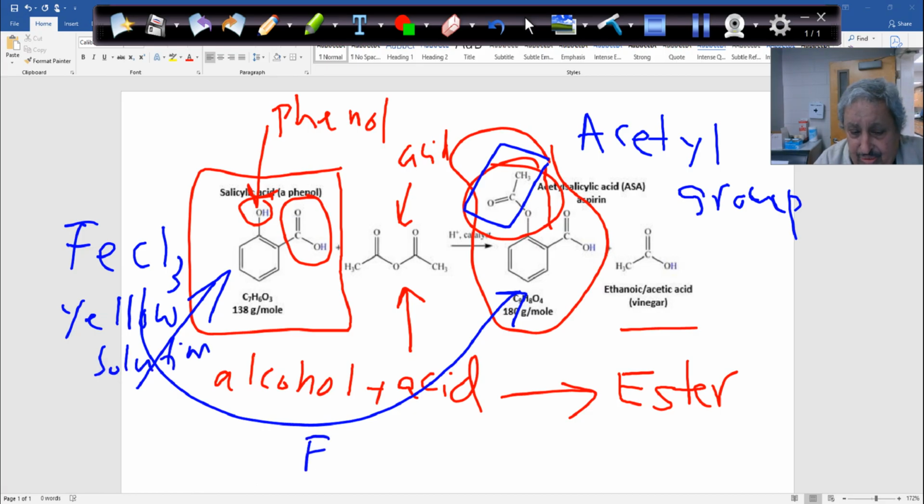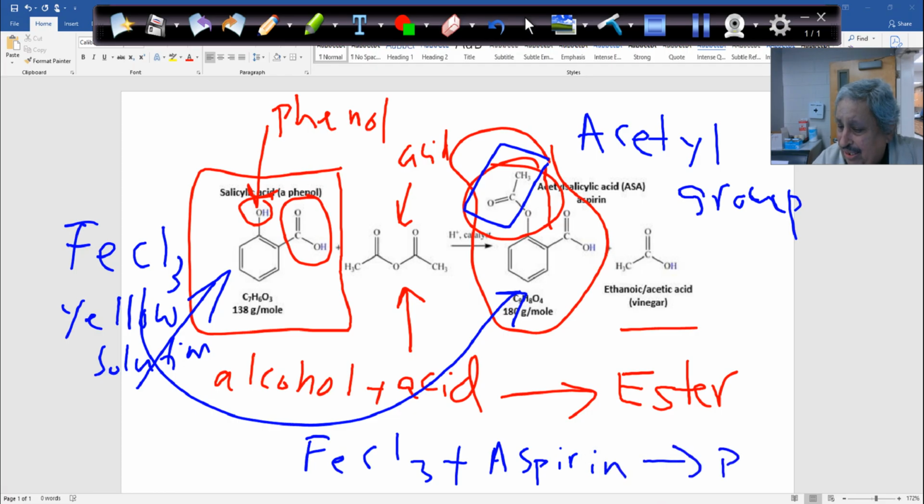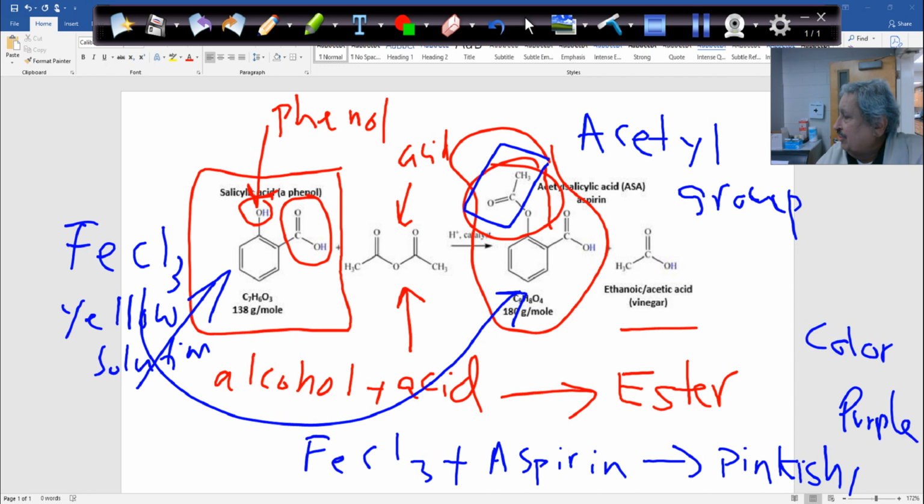When you add it to your aspirin, you get something like a pinkish purple color solution.